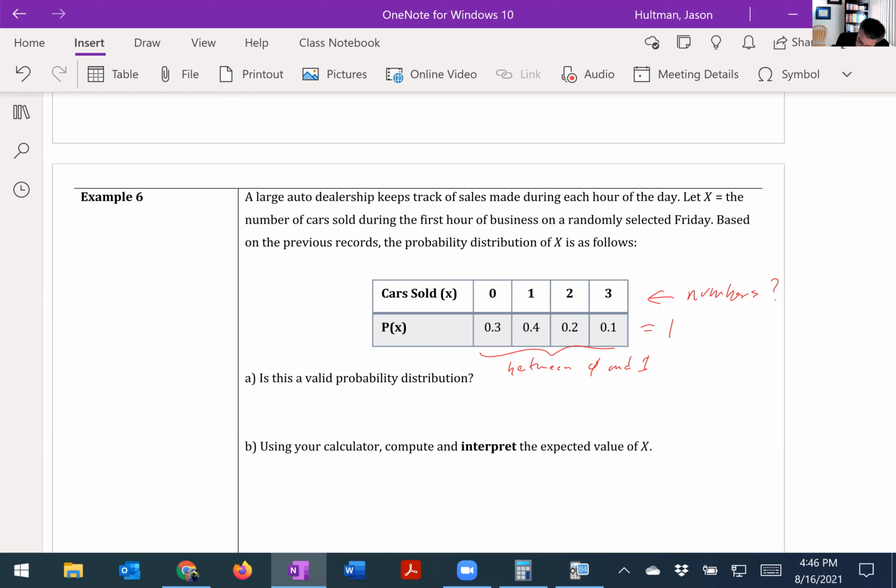So that does equal 1. So all 3 criteria check: numbers, yes; the sum equals 1, yes; and all the probabilities are between 0 and 1, yes. So yes, it is a valid probability distribution.